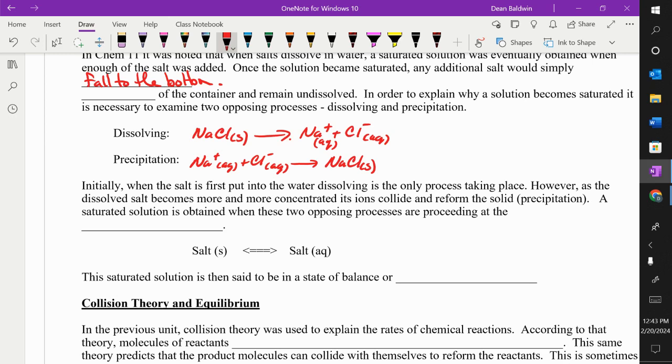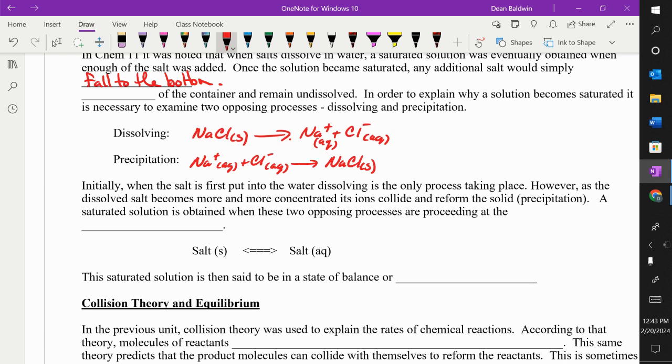Now, up till this point, maybe you haven't, but for the most part, we talk about chemical reactions as going one direction, unless we specifically talk about something going in the reverse direction. What actually happens is both of these are happening at the same time in solution.